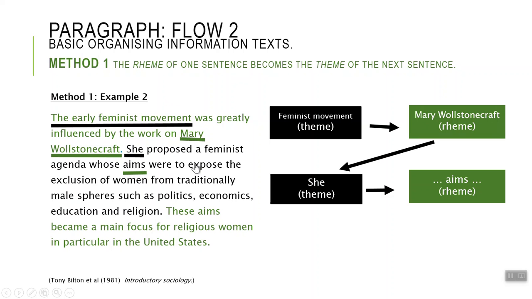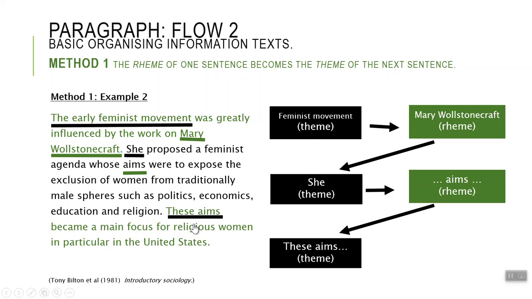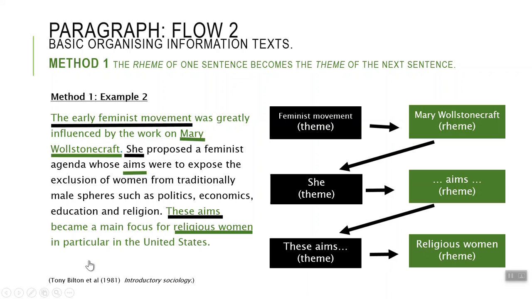The aims were to expose all these; these are examples. And then in the third sentence, you can already see these aims became a main focus for religious women, in particular in the United States. It's not finished yet, probably. If you continue to read, you will probably see the same pattern.